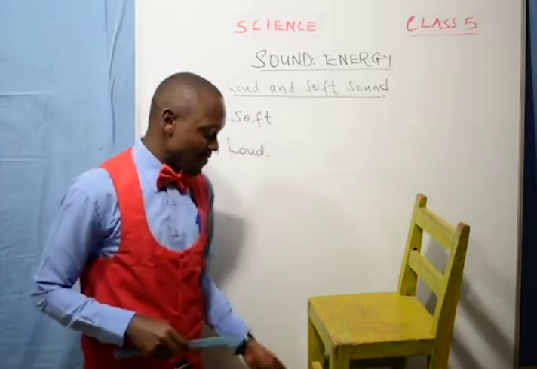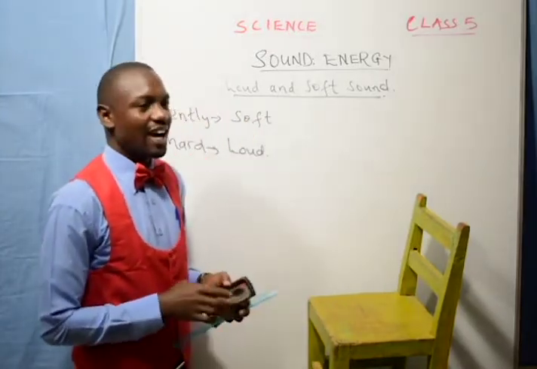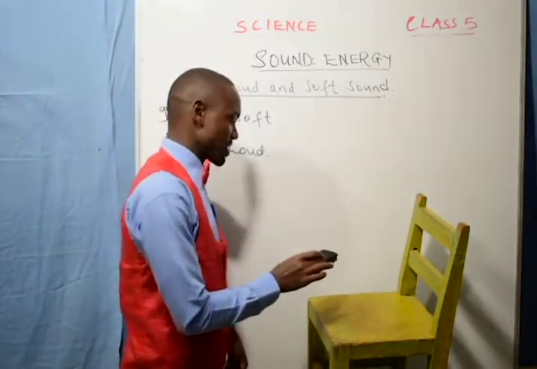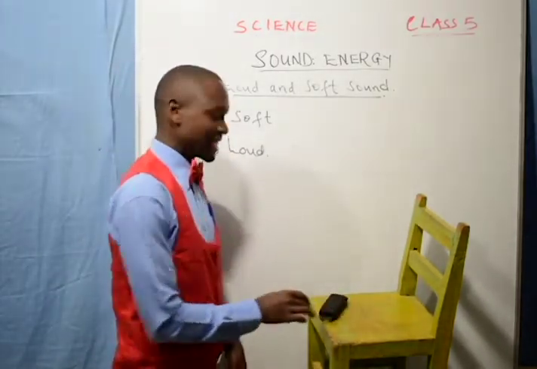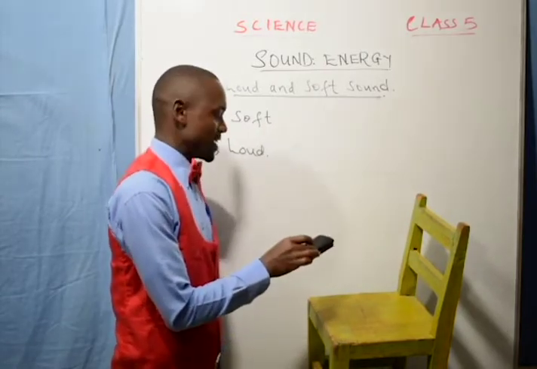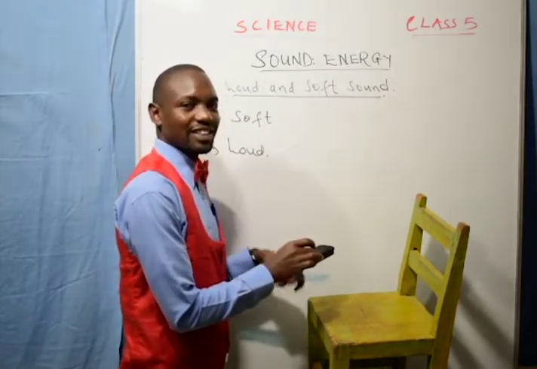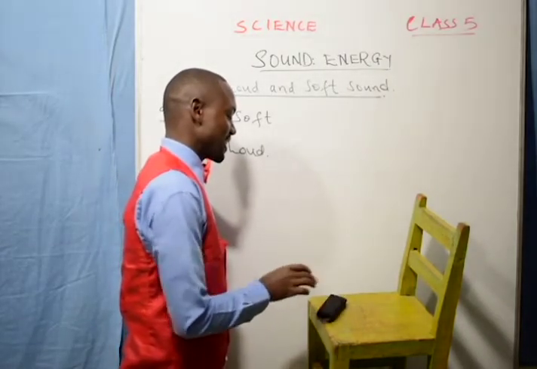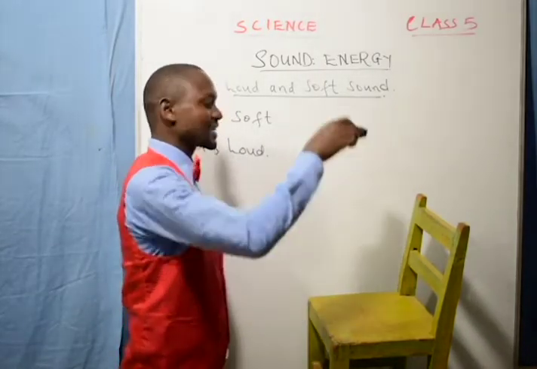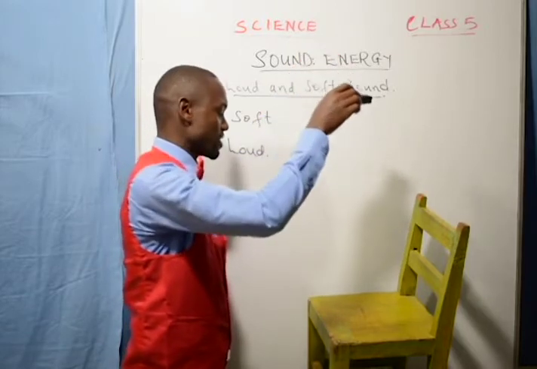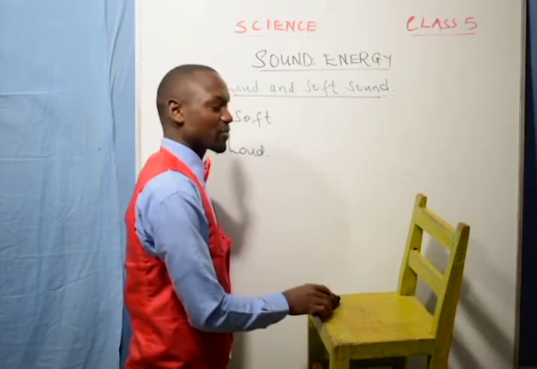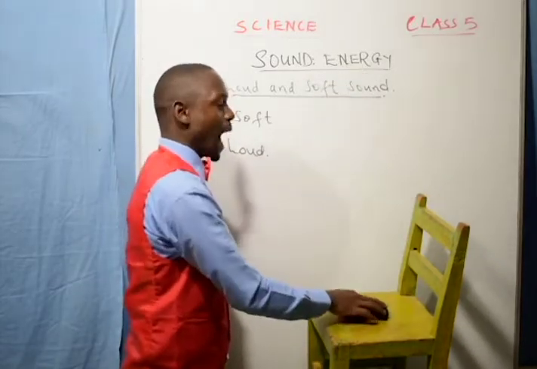You can still have on this chair, and I have this duster. I release the duster from this point here, from a very short height, onto the chair. You can hear the difference in the sound it produces when I release it from here and when I release it from above.